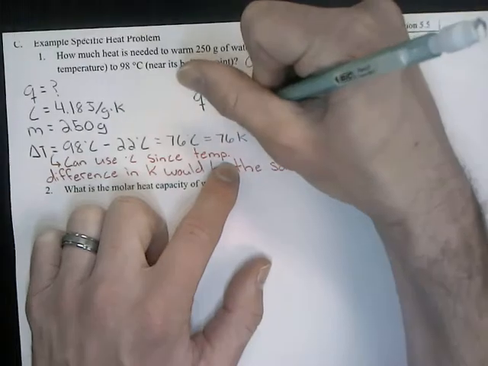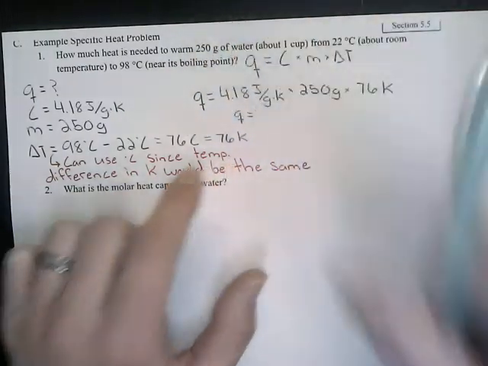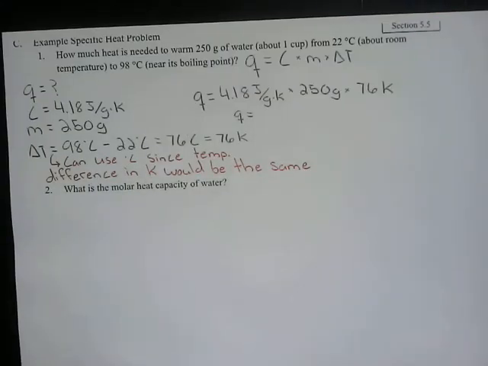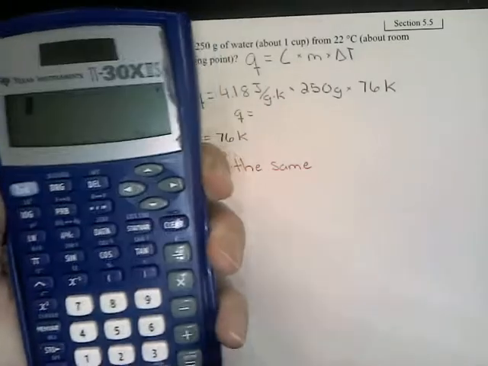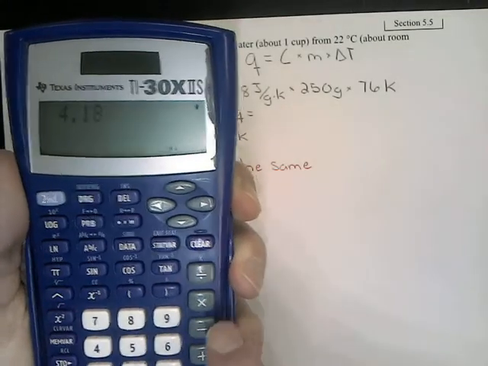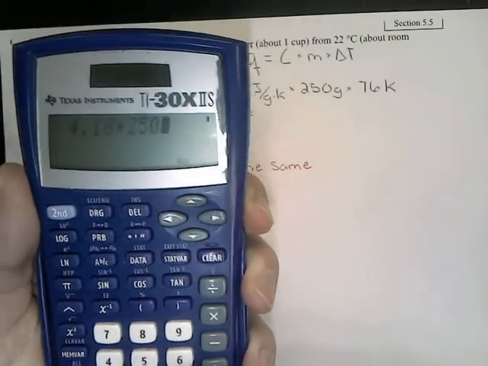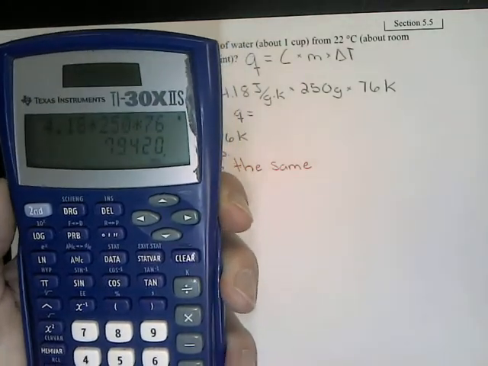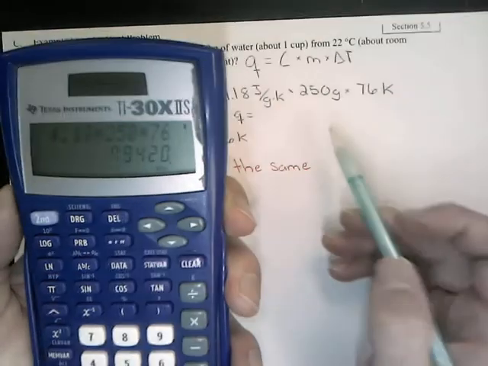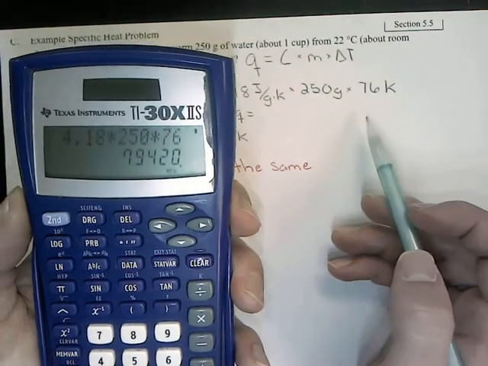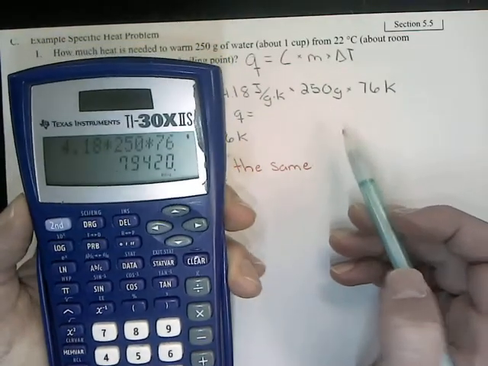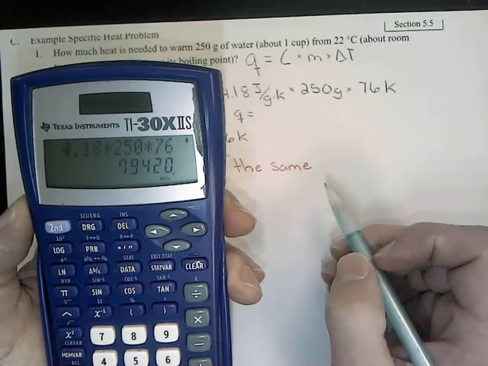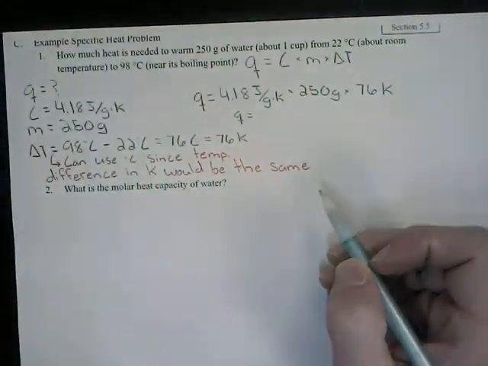So our Q here is just going to be the product of these particular numbers. So we're going to type in 4.18 times 250 times 76. We press enter, and remember, 250 and 76 both had two significant digits, so we're going to round this to exactly 79,000 as our value.